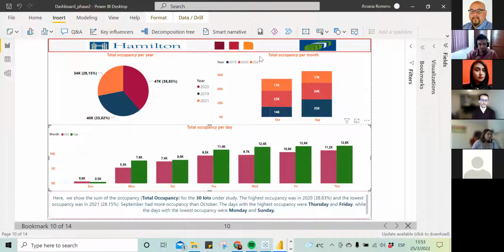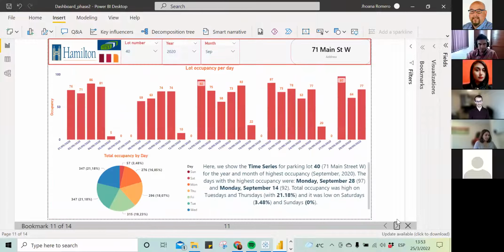From this analysis, we can infer that parking lots were used most for study, for universities, for banks, and not for weekends.